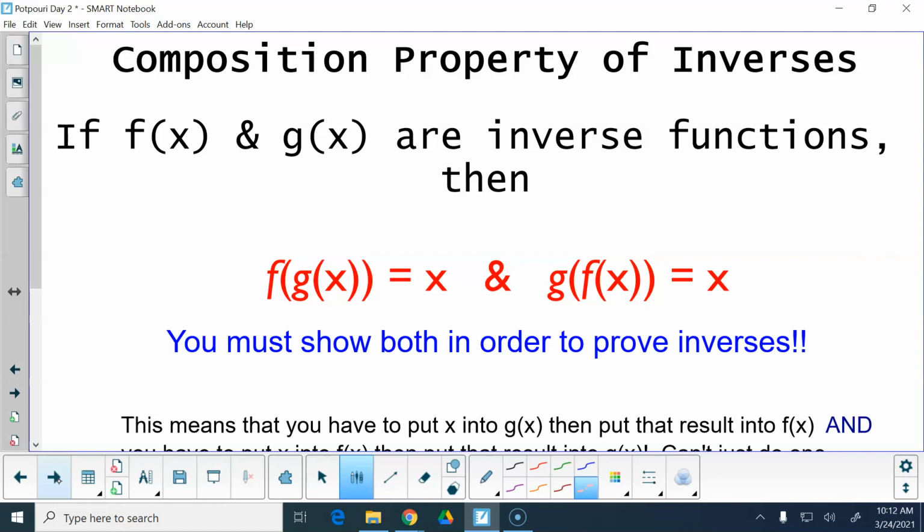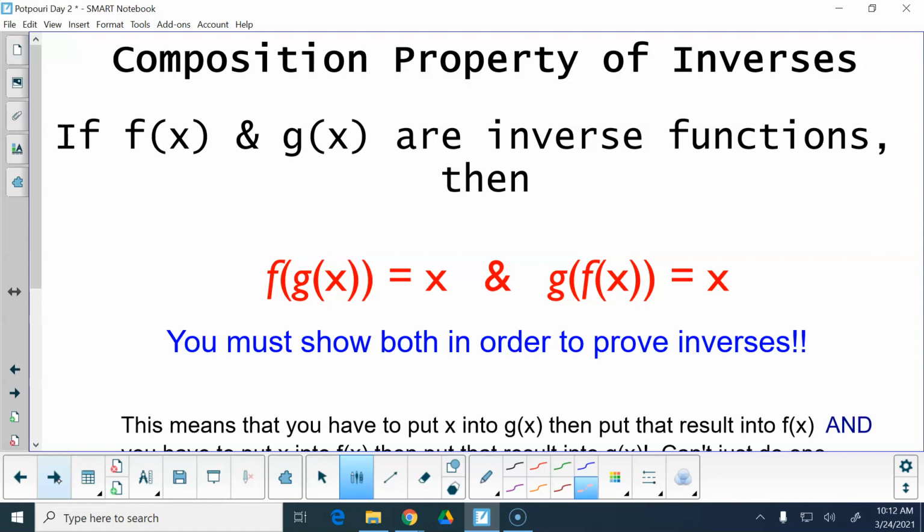And when you're verifying that they are inverses, you're proving that they are inverses, which means that you can't just do what we were just doing, switch the x and the y, solve for y, all that fun stuff. This property has to be shown in both cases to prove that they are inverses.